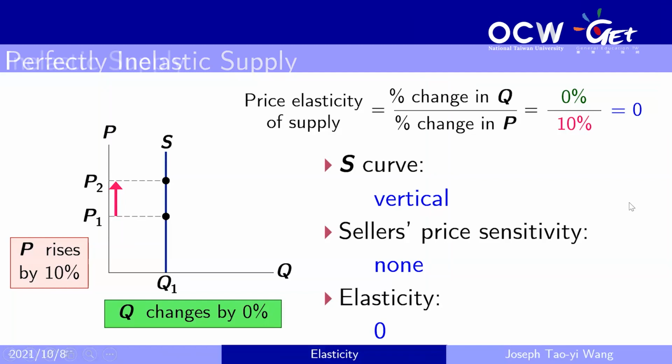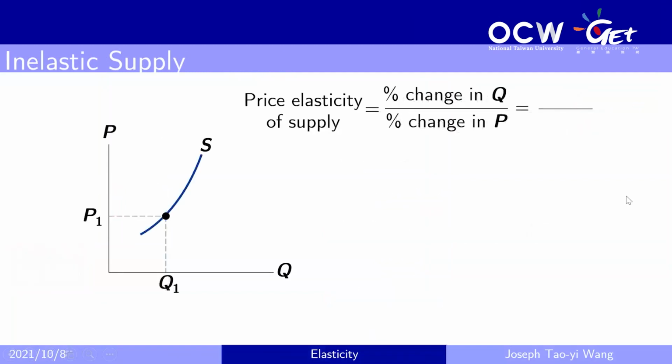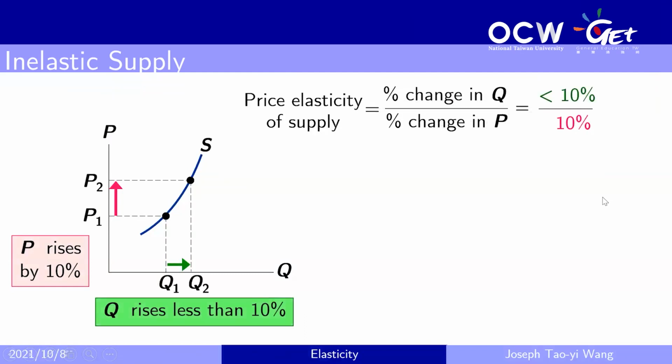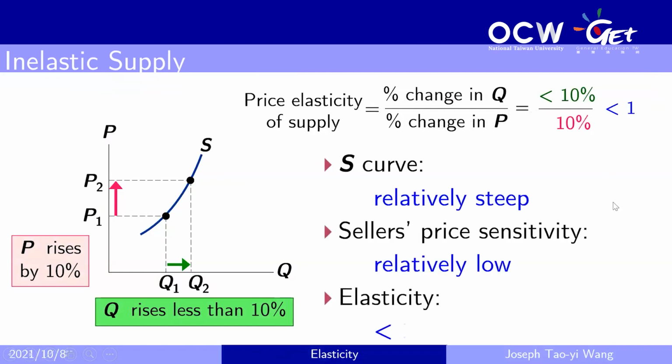Elasticity is 0. When you have inelastic supply, it may not be a vertical supply curve, but a quite steep supply curve. When price goes up by 10%, quantity goes up by less than 10%. So you have a price elasticity that is smaller than 1, and a relatively steep supply curve.